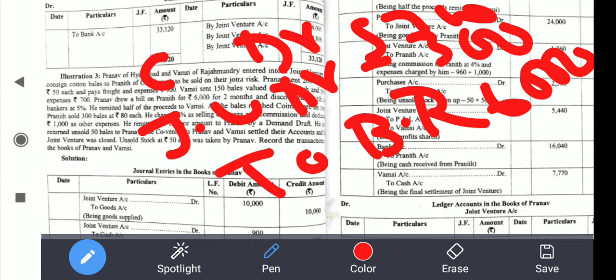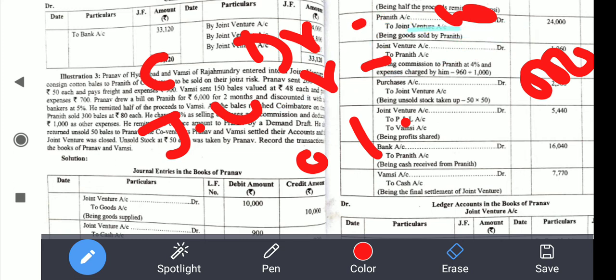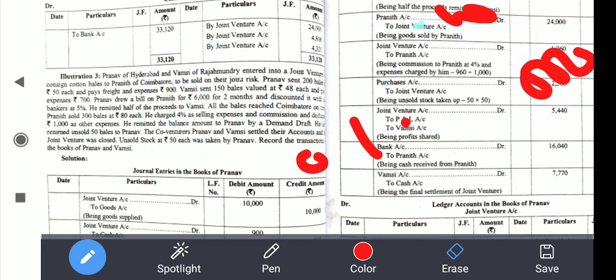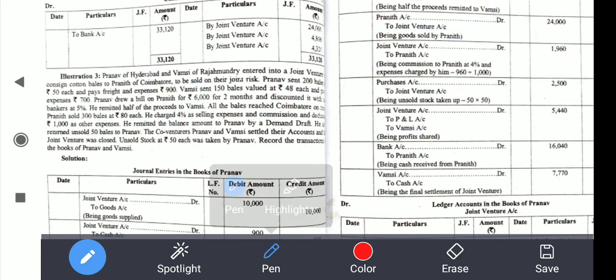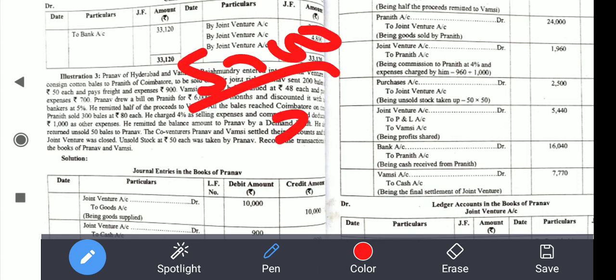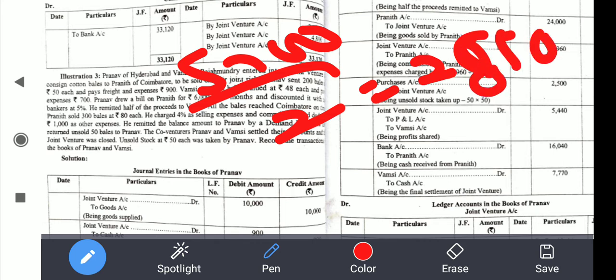Half of the amount: we received 5,700, and 5,700 divided by 2 is 2,850. So out of 5,700, half of the amount is remitted to Vamshi.